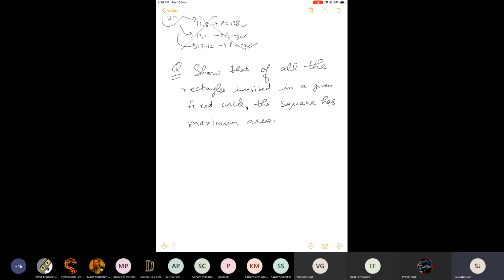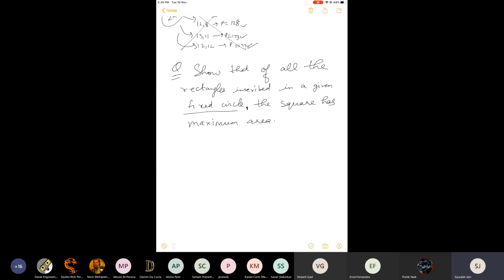See, what is the meaning of the question? Fixed circle, important thing. You should properly go through the question. Every word is important. Sometimes we skip something and we don't know whether something is given, but we cannot interpret it.